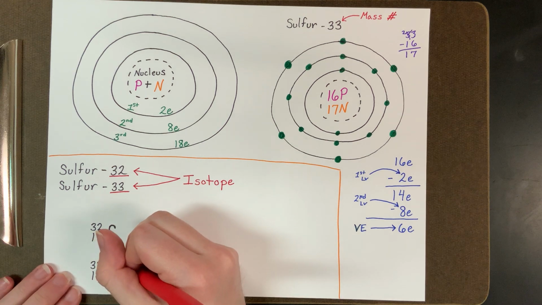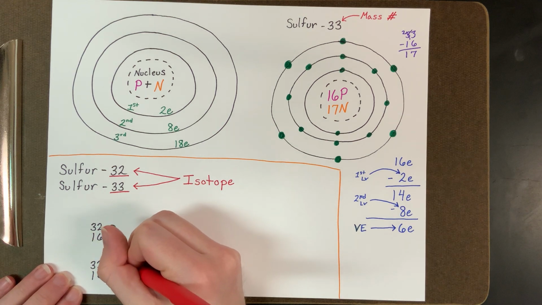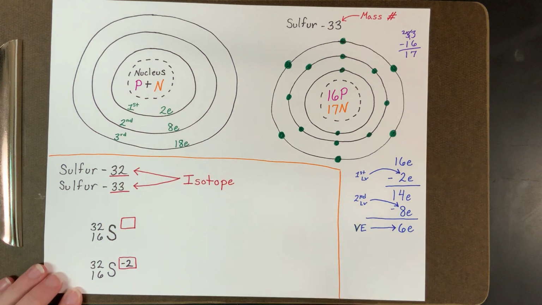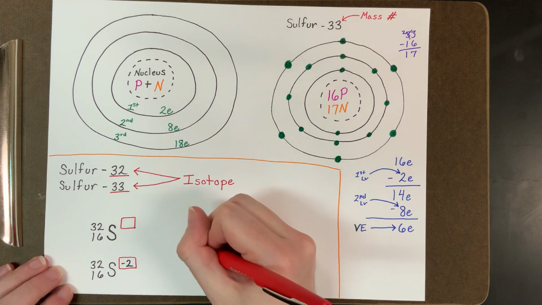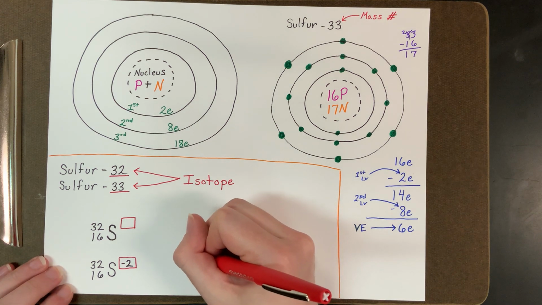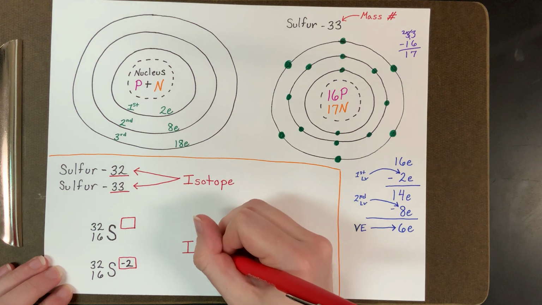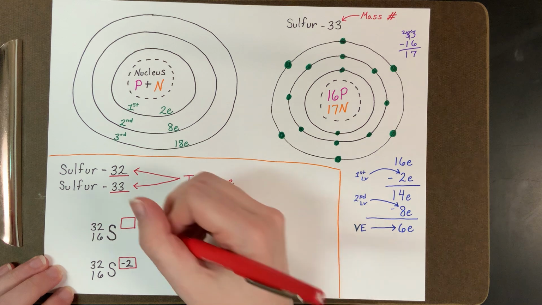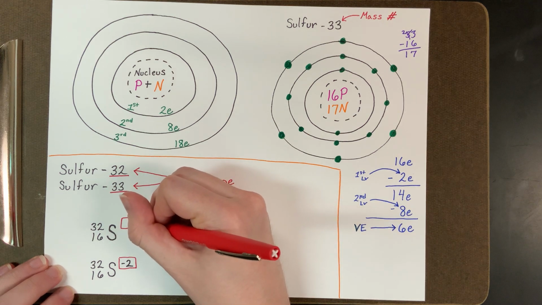On this one, on the bottom, I have a -2 charge, but on the first one, I don't have a charge at all. So anytime I have a charge where I have an atom or atoms that's the same element, but different charges, those are known as ions.